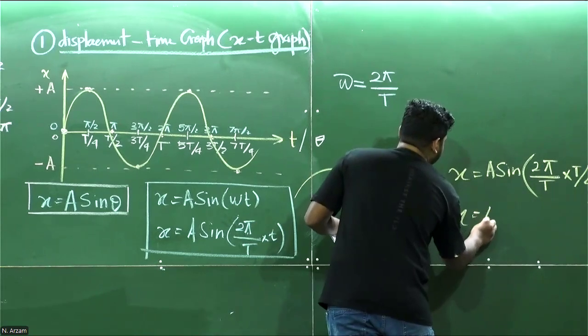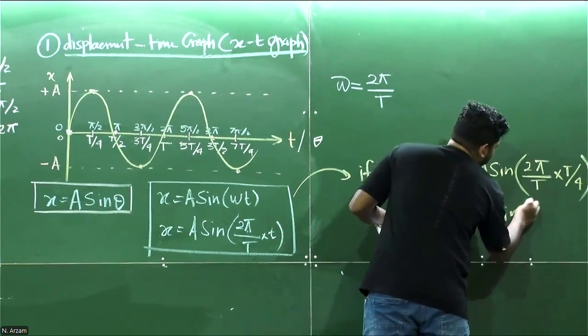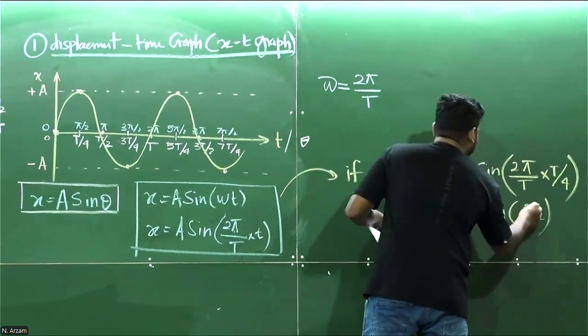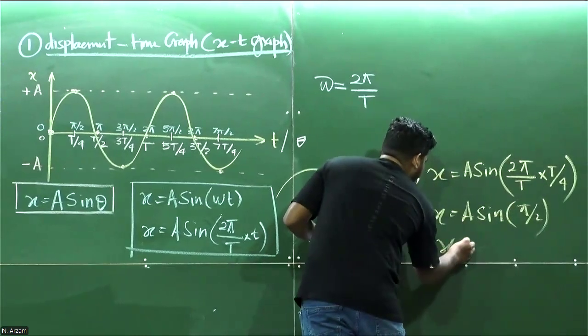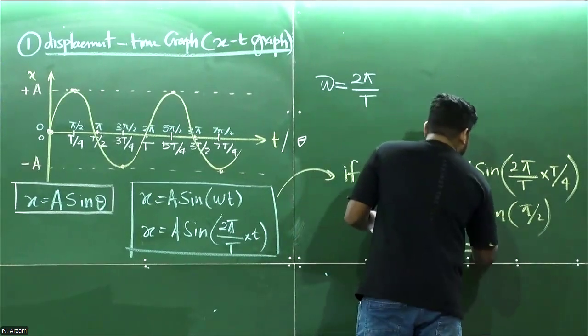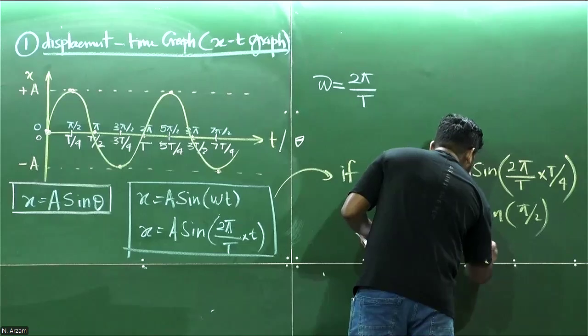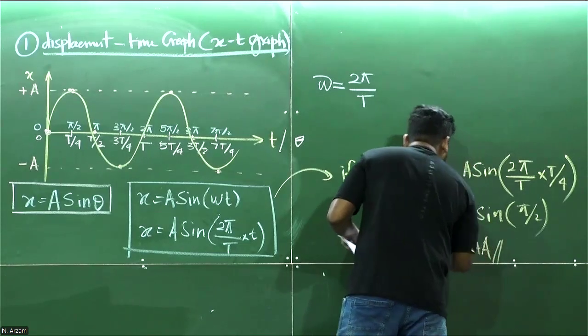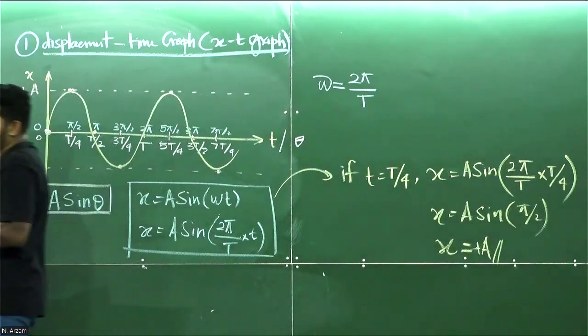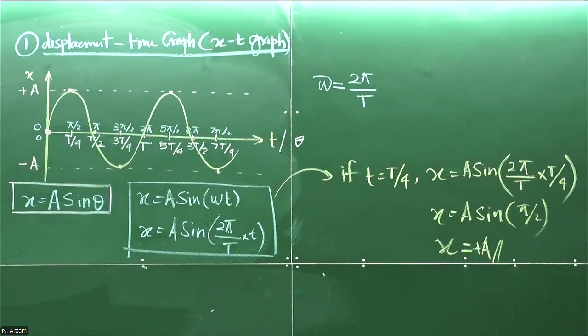So x is equal to a sine pi by 2, so x is equal to plus a. Okay, right. So that is the displacement time graph.